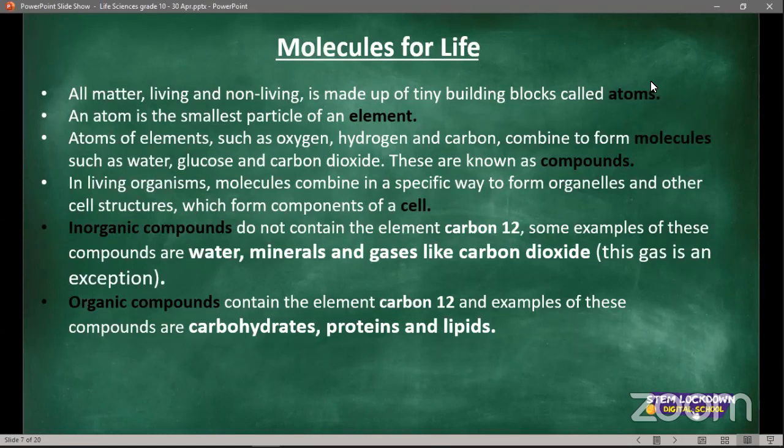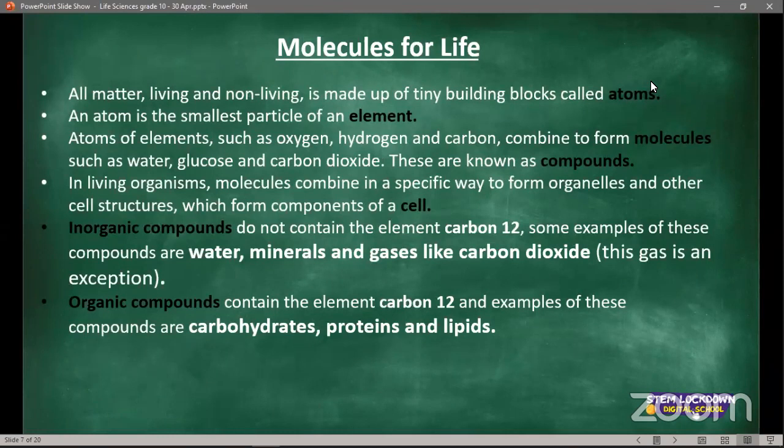And some examples of these are your water, minerals, and gases like carbon dioxide. Now I know you guys will ask, but ma'am, carbon dioxide contains the element carbon. Yes, this gas is an exception for inorganic compounds. It is the only gas that is an exception.